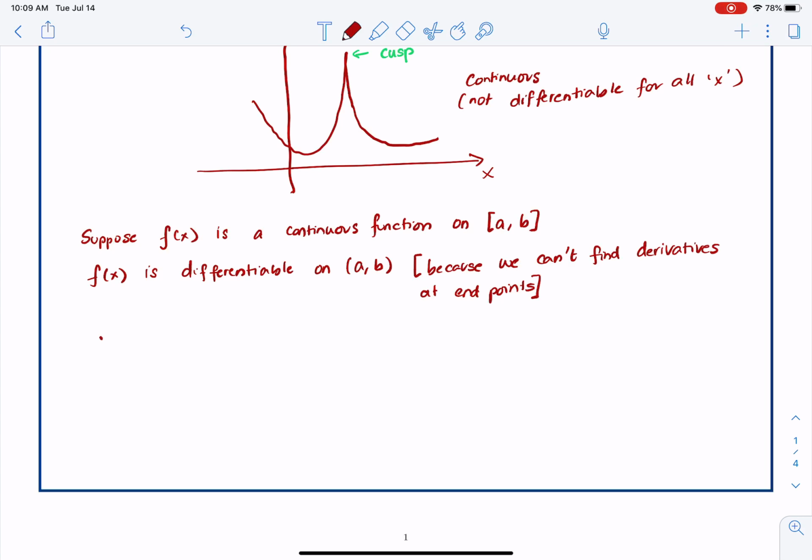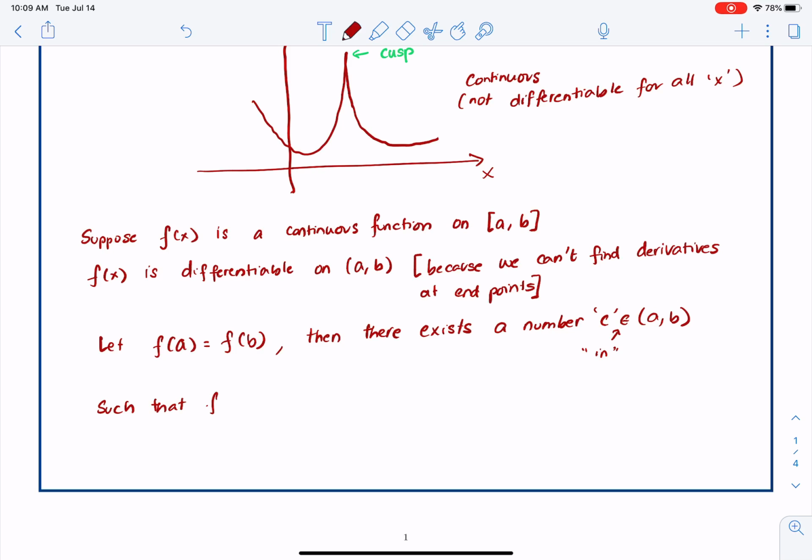And let f of a be equal to f of b, then there exists a number c that is in the open interval a comma b, such that f prime of c equals 0.